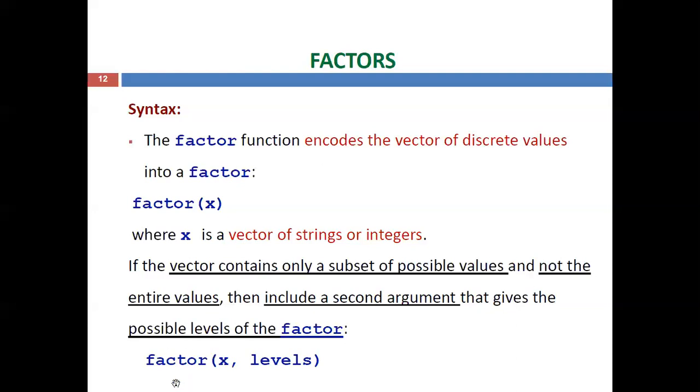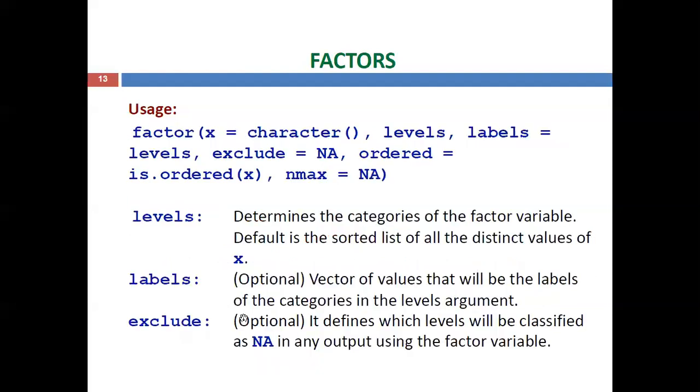So for that the syntax is factor within parentheses x comma levels, where x is, as earlier, a vector of strings or integers. The second argument we use is levels. It defines level 1, 2, 3 like that. This is another form of defining a factor in R software.